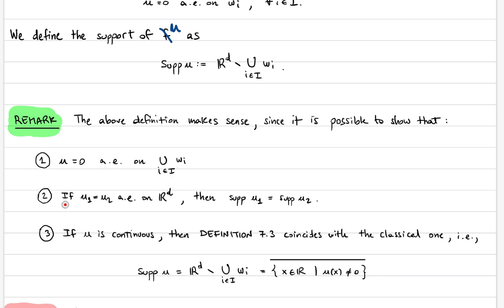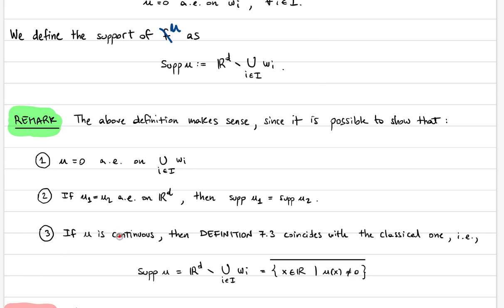Fact number 2 is that if U1 and U2 are equal almost everywhere on R^d, then the supports are the same. So this is exactly what we were looking for, because this condition is saying that U1 and U2 belong to the same equivalence class, and if this happens, then we have the same support.